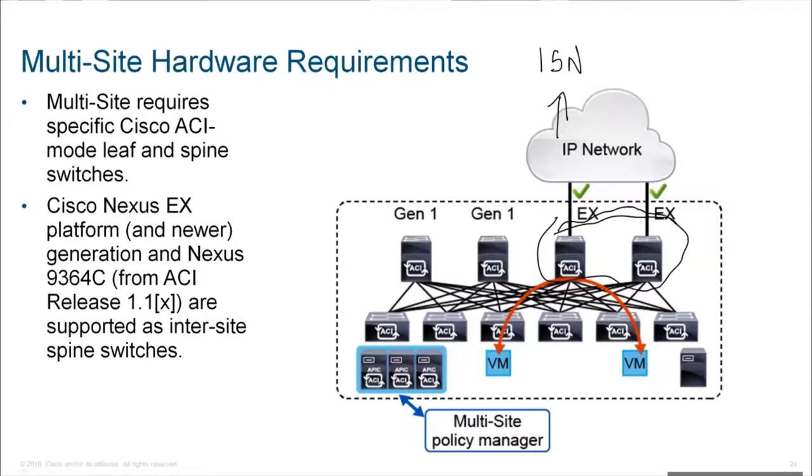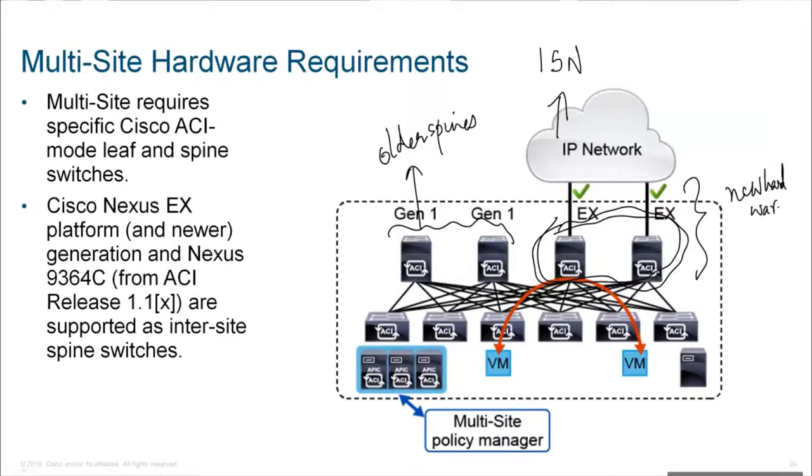These spine switches which connect to the ISN should meet those requirements. You can have a combination. You'll notice these are older spines. They can coexist with the newer hardware in an inter-site topology. You're fine with it, as long as we have these newer hardware for inter-site, we are good.